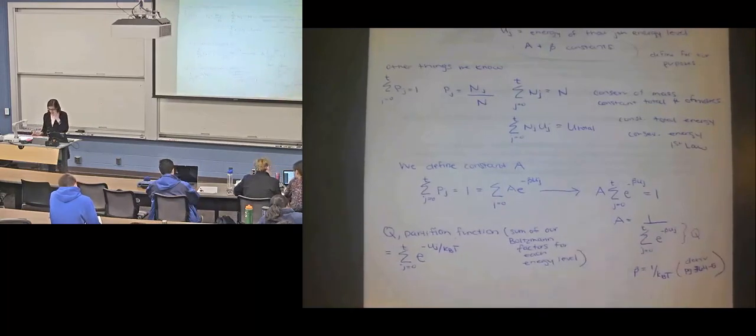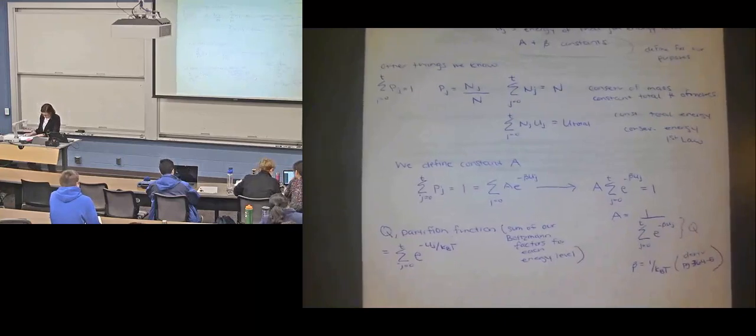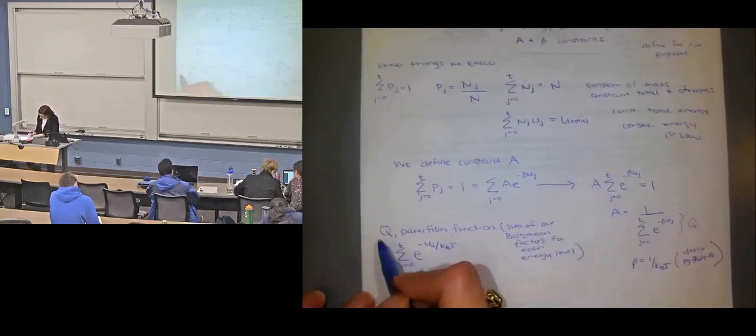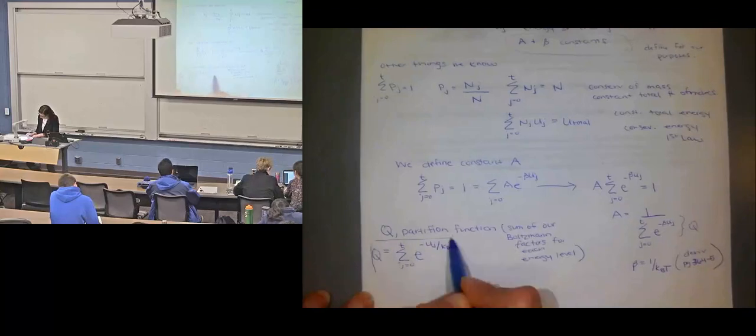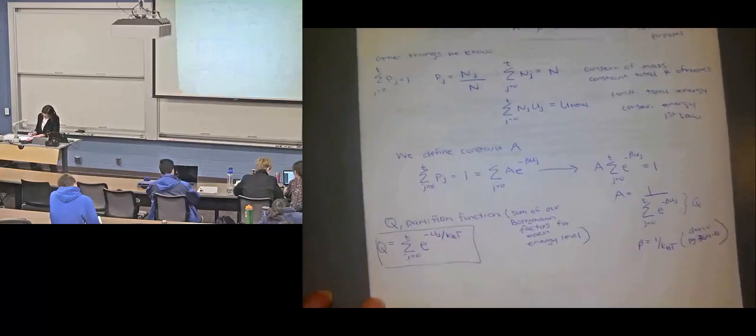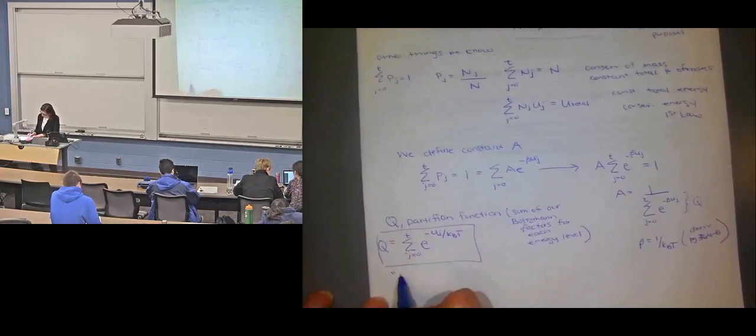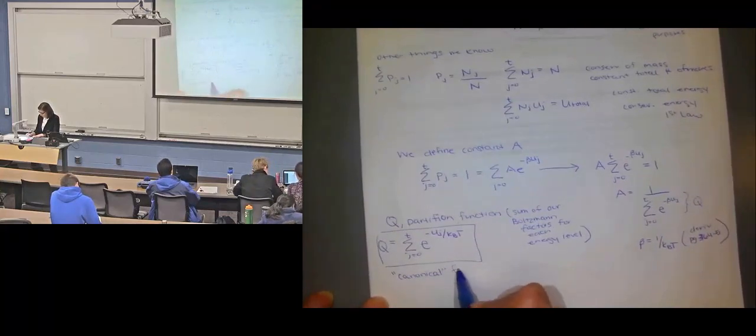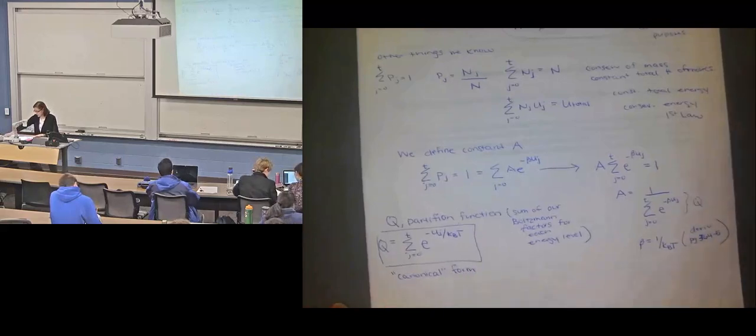Sum over all the levels that we have. One of the things I want to point out, this is Q. This is called partition function. Like I said, it's given by capital Q. This is the equation for it. This is called canonical form, or reduced form, general form, a whole bunch of things. Okay.